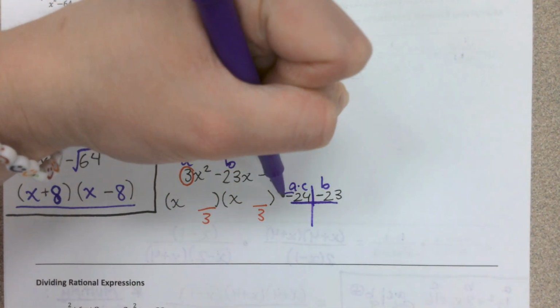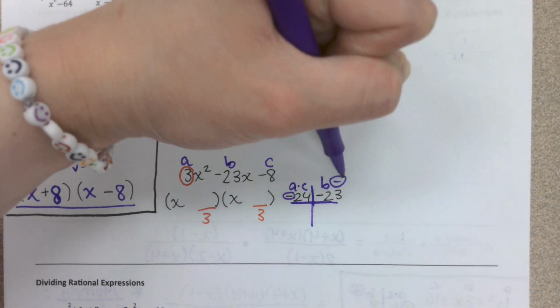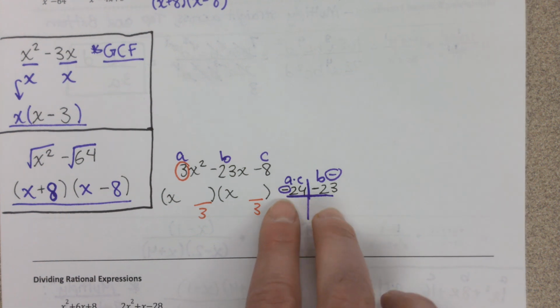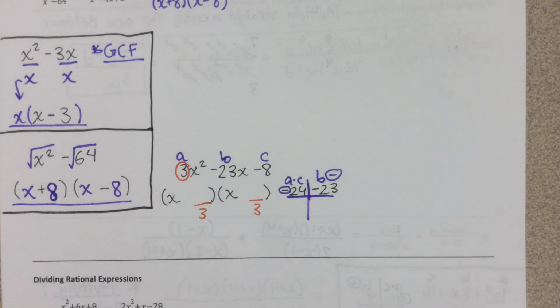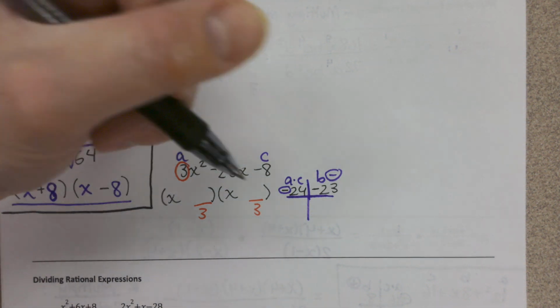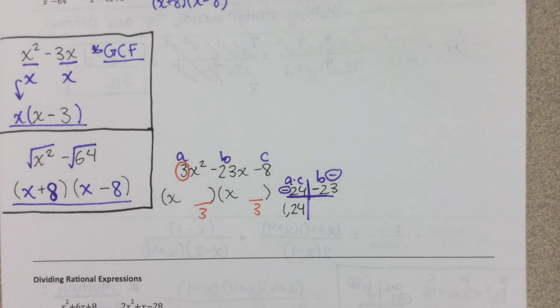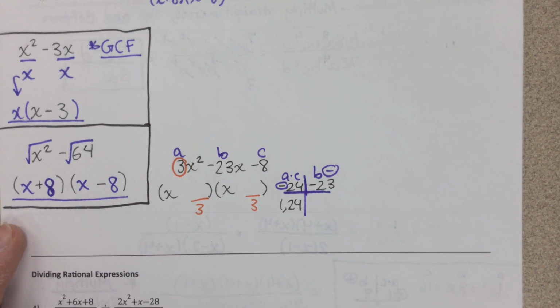And since AC is negative, this is a subtraction problem. Pro tip, when these are 1 apart, the AC and the B, that means we're going to use the 1 and itself set of factors. So 1 and 24. That's the only way to get 23 when subtracting. It's subtraction.